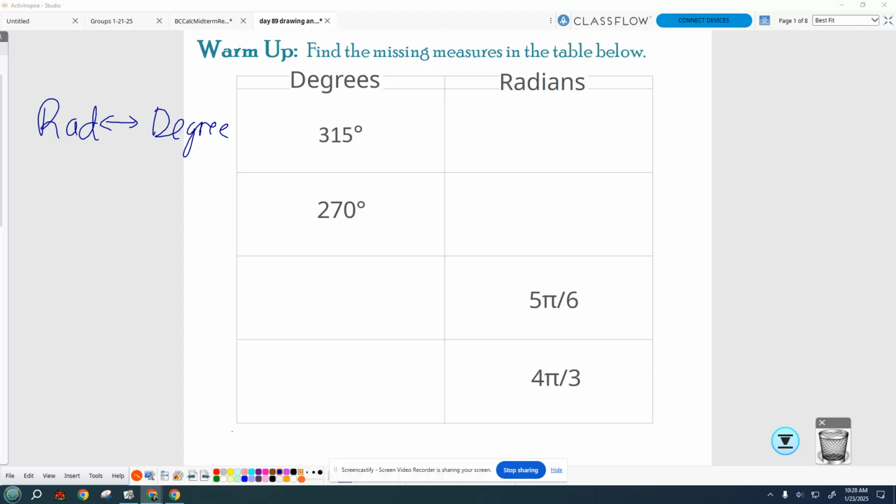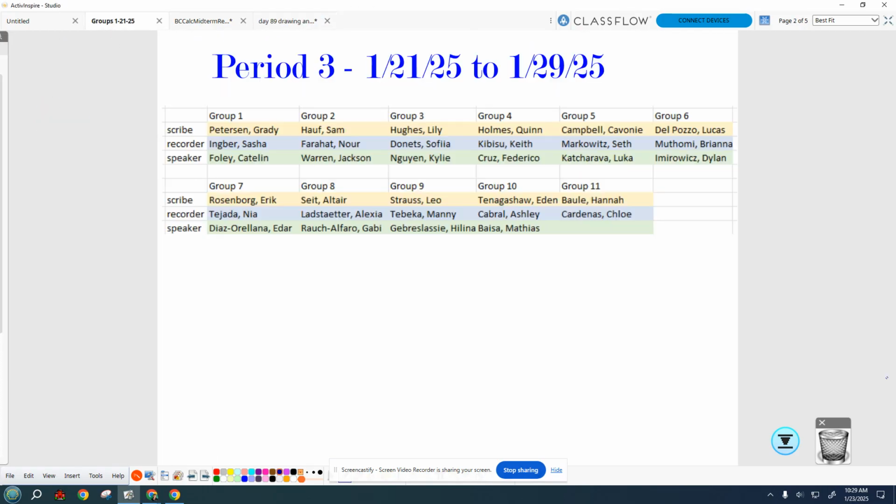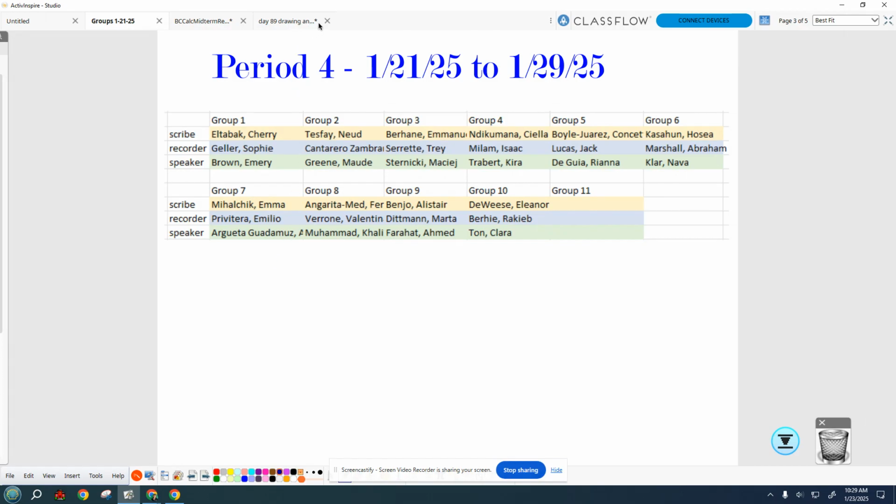So. Maud, who are you guys missing? No, you're in the wrong spot.